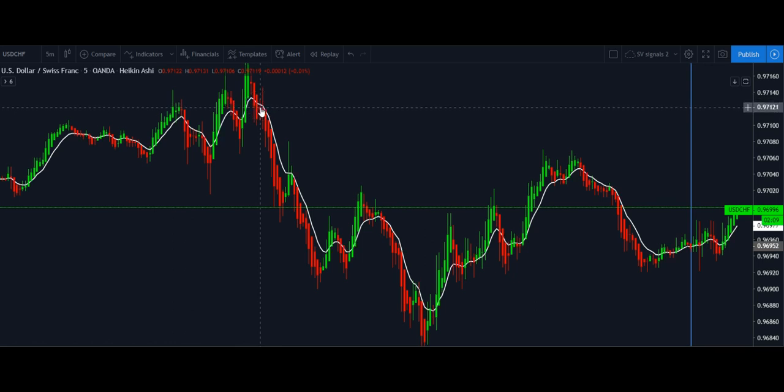Why? Because price loves to ride the 9. As you can see, the wick pierced the 9, but it came back down, and that candle closed right at the 9. So price has a tendency to ride the 9 EMA, the 9 exponential moving average.